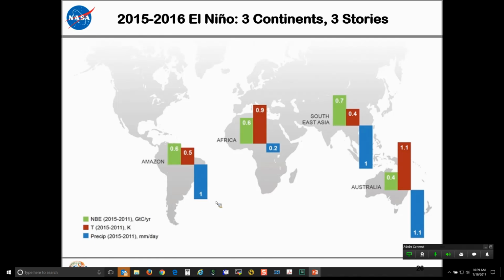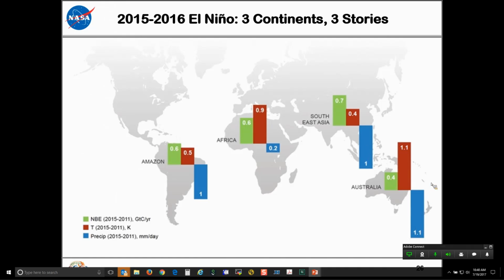We actually did see a very interesting story coming out of this. By comparing precipitation anomalies with CO2 anomalies and GPP anomalies, we discovered that for 3 continents, Asia, Africa, and South America, we had 3 substantially different mechanisms that enhanced the release of CO2 in all 3 cases.